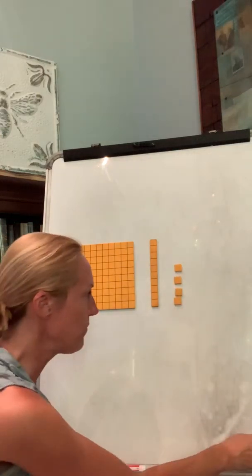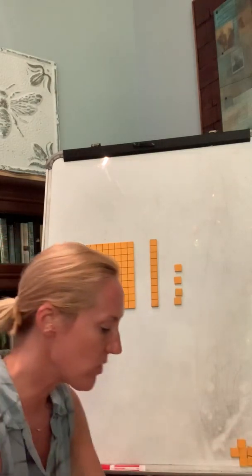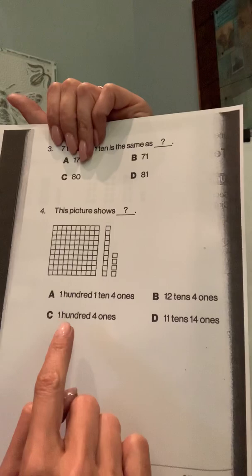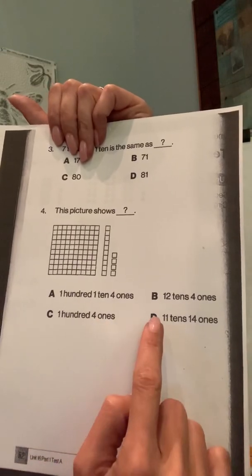What are these groups of? And here are your choices. It says, is it 100, 110 and 4 ones? Is it 12 10s and 4 ones? 104 ones or 11 10s and 14 ones?